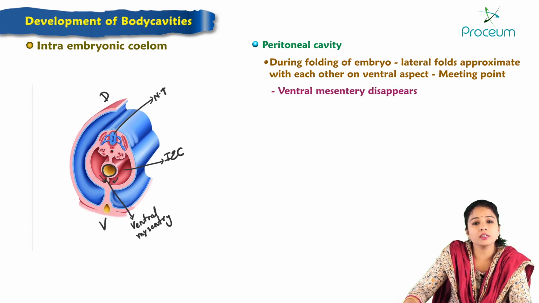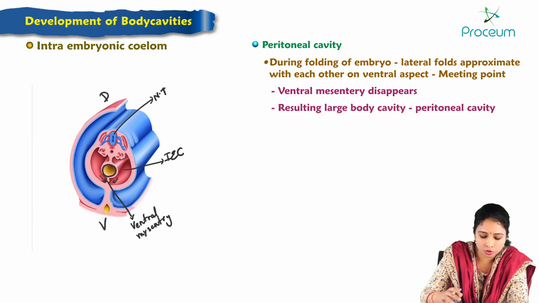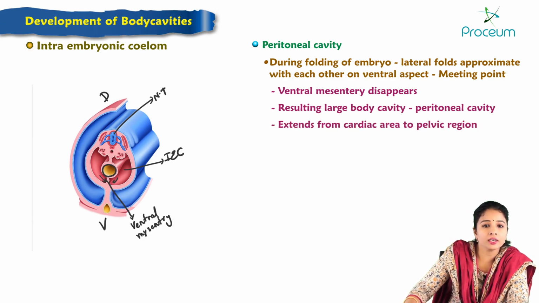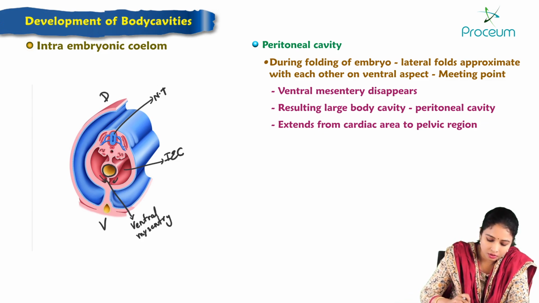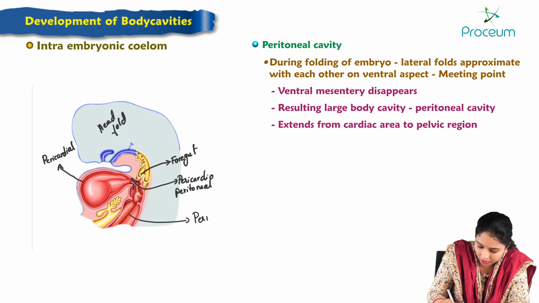This ventral mesentery disappears, resulting in a large horseshoe-shaped cavity called the peritoneal cavity, which extends from the cardiac area to the pelvic region. Here we are seeing the coronal section, which is the reason you see a horseshoe-shaped cavity. In the sagittal section, this forms the peritoneal cavity.